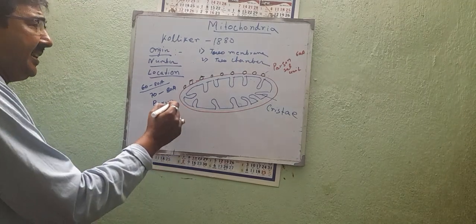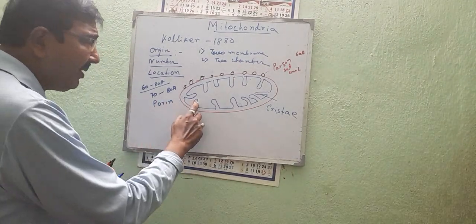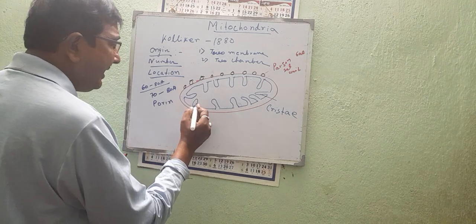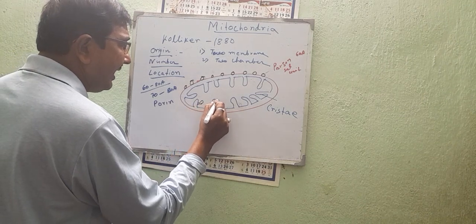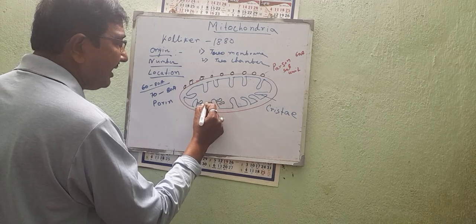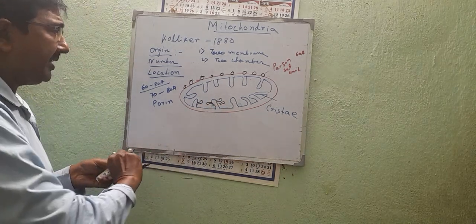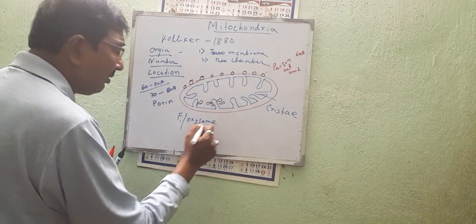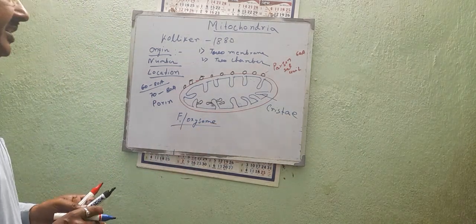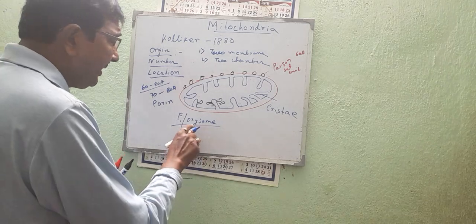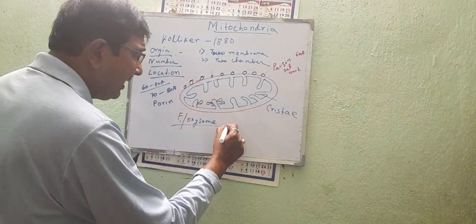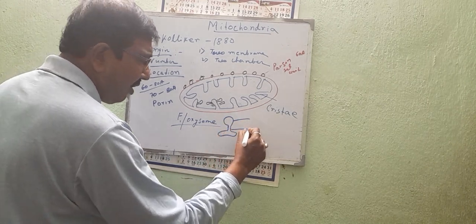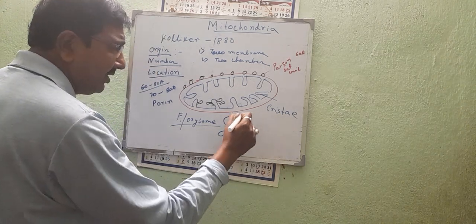Then on the cristae, the inner side of the inner membrane contains some tennis racket-like structures. They are called oxysomes, also called F1 particles or Fernandez-Moran subunits. The oxysome structure is like this: this portion is called the head, this the stalk, and this the base.